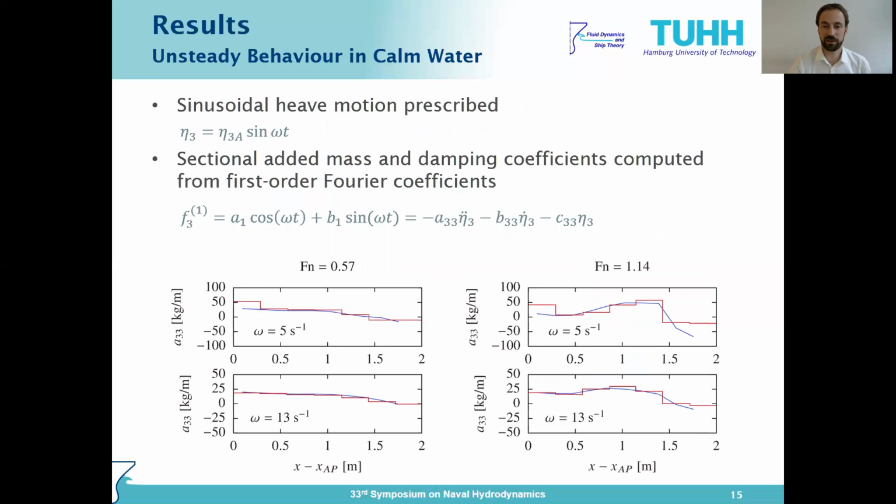Next, I will be presenting the results from forced motion simulations. In these runs, the hull performs forced heave motion at a certain frequency, omega, and a certain amplitude, eta 3a.